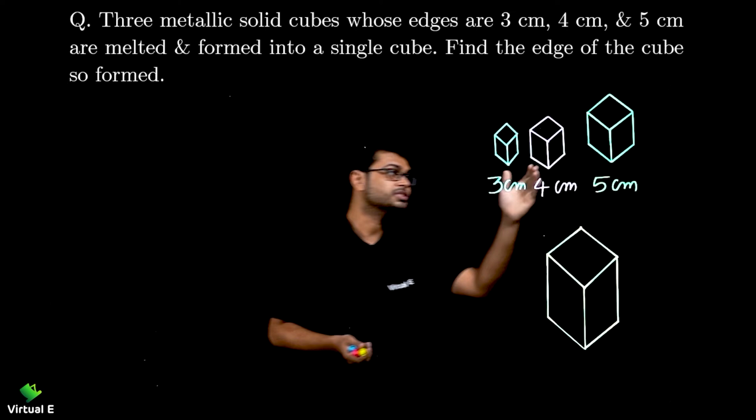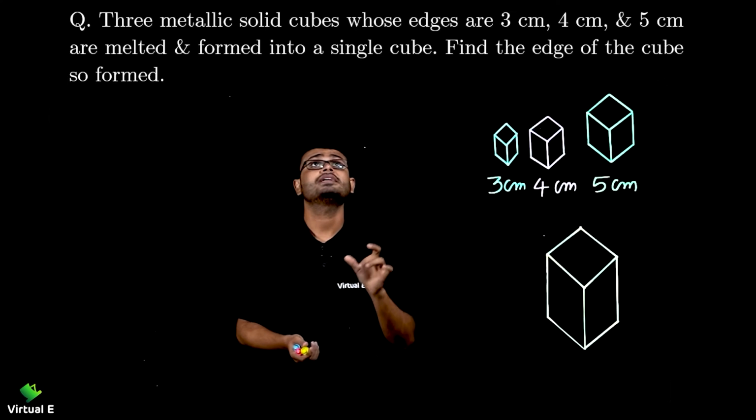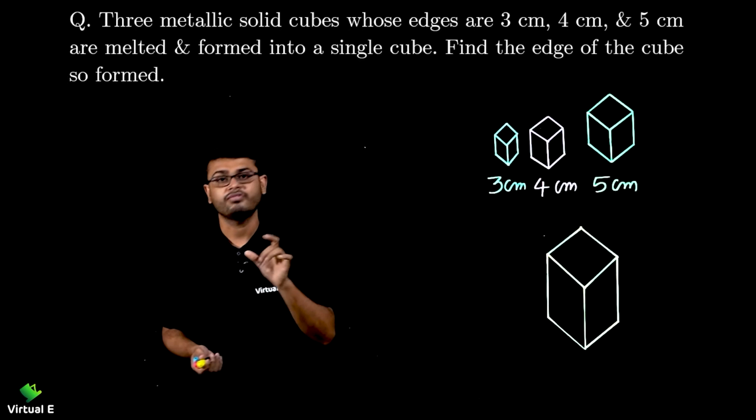So we are melting these 3 cubes and forming one more cube. Find the edge of the cube so formed.